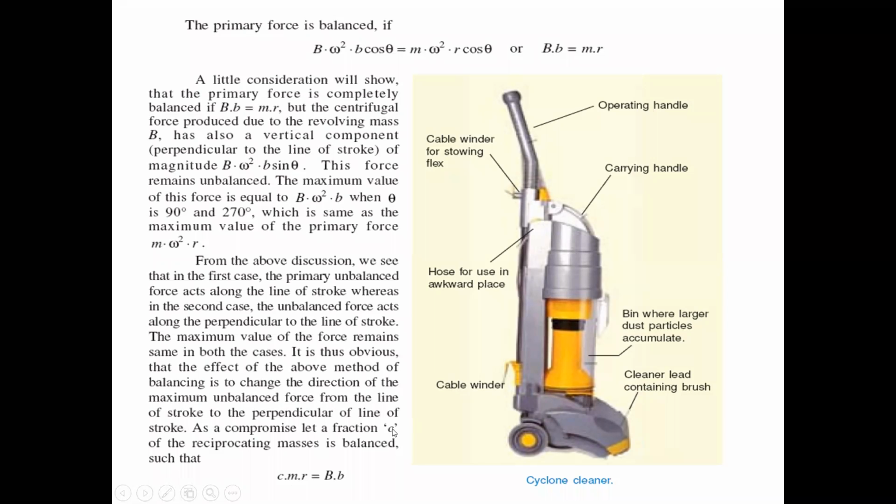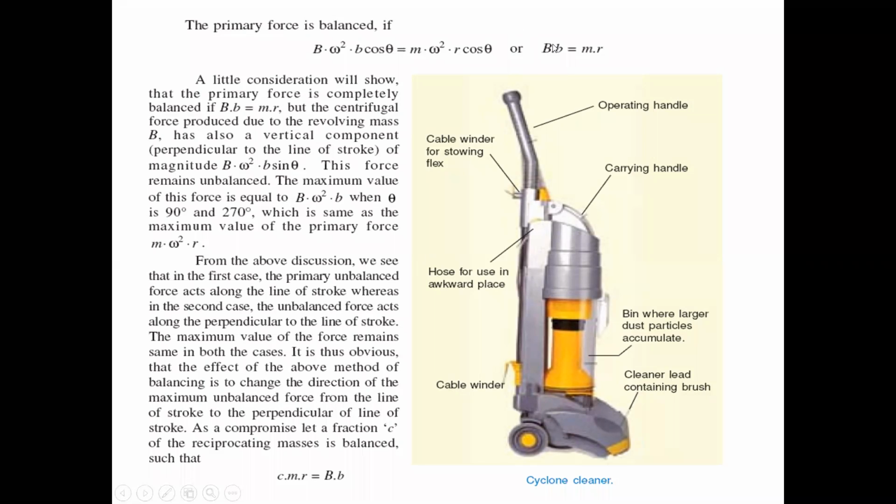So they insert that symbol: capital B small b equals c m r. The fraction of reciprocating masses is multiplied with the unbalanced mass times the radius of rotation.